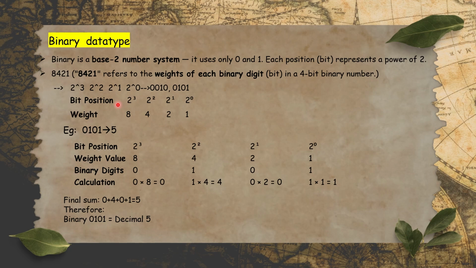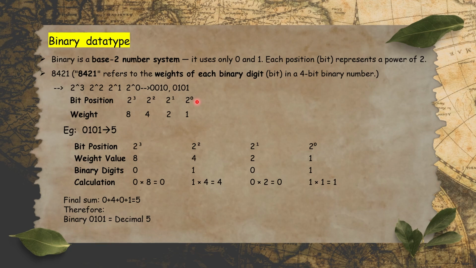As I mentioned, each bit represents a power of 2. Take the example of 0101. Here, these are bit positions and they represent powers of 2, and whenever I want to convert a binary number to an integer or decimal number, I have to multiply each bit by its weight.